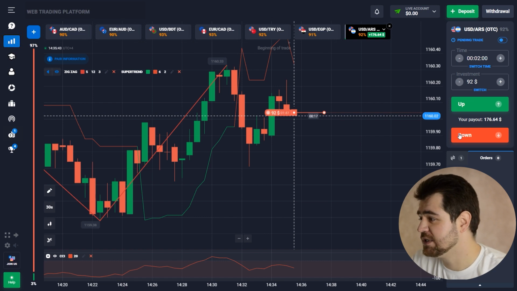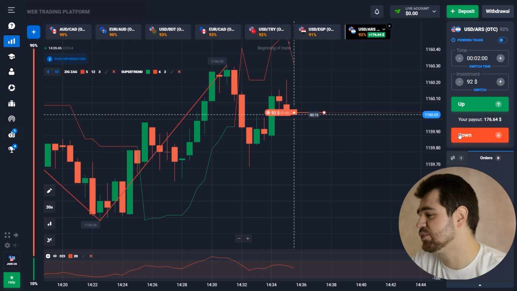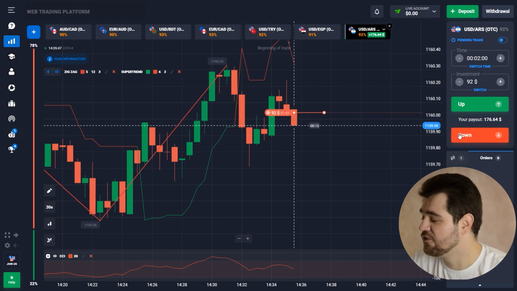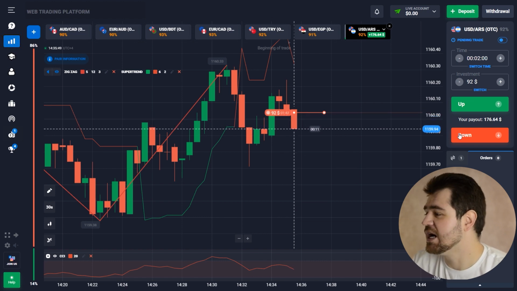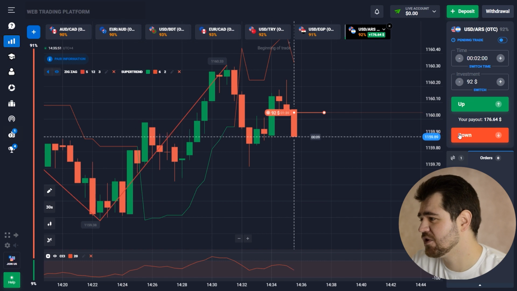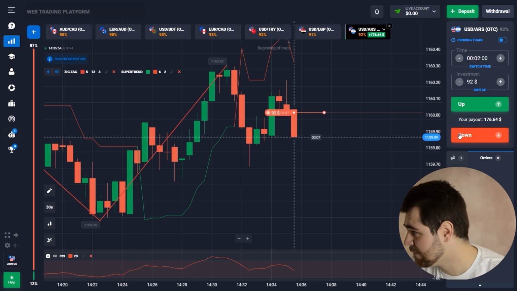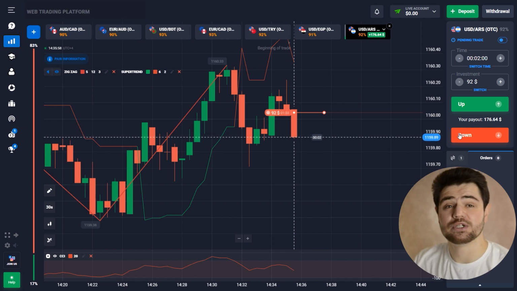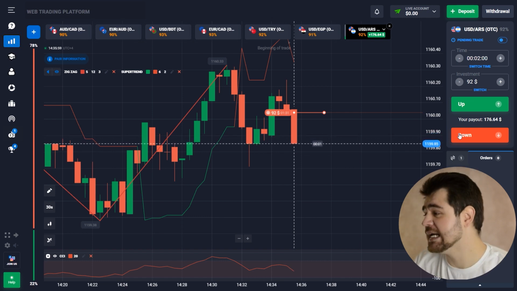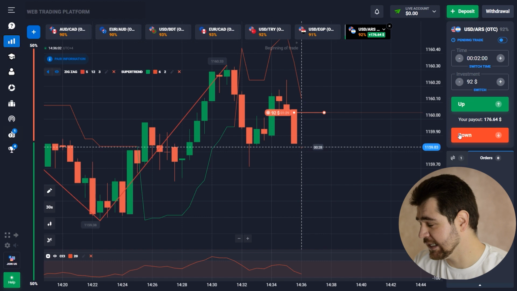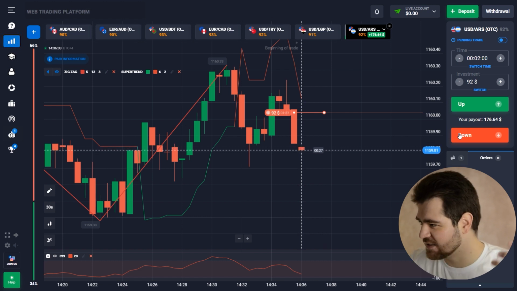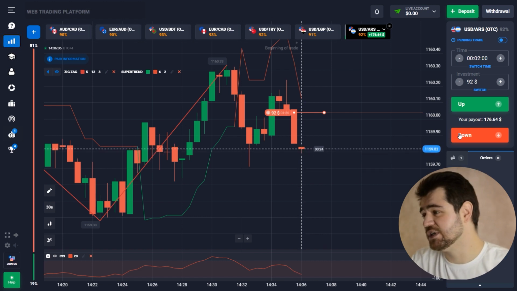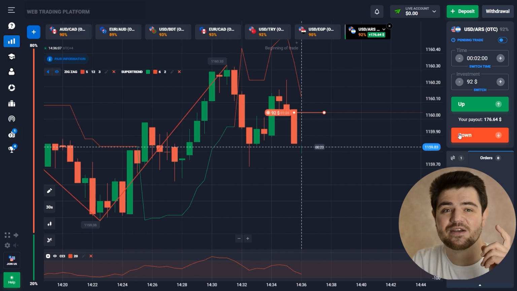So this is one of the indications that the price could be falling down, and CCI is showing that the price is falling, and then the Supertrend as well. Zigzag is not drawn yet, but I'm pretty sure it's going to draw through as a falling line. Okay, let's wait for the result of this 2-minute option and continue.